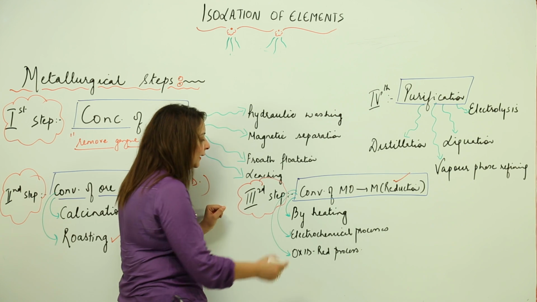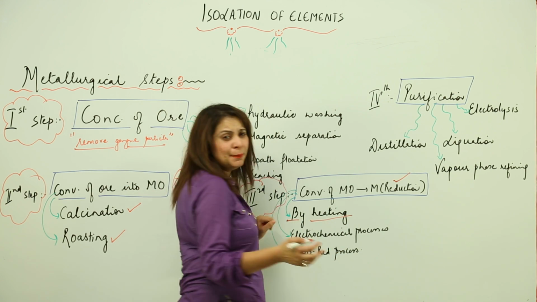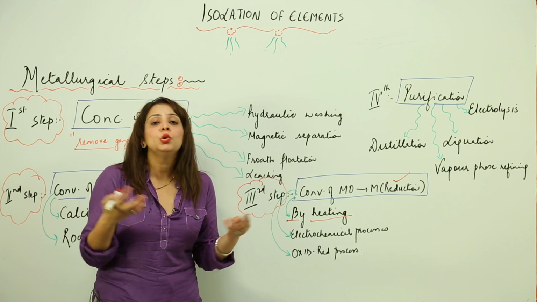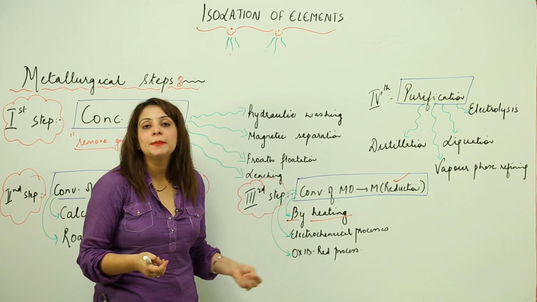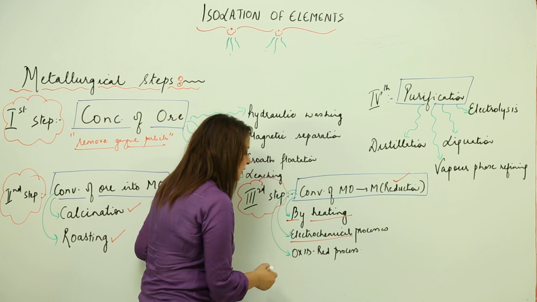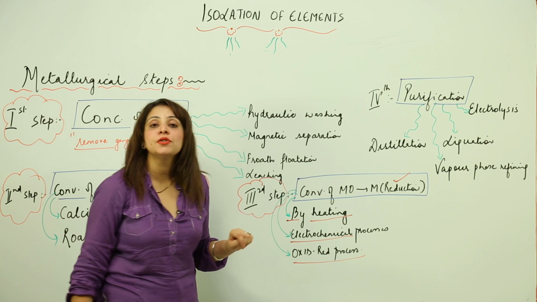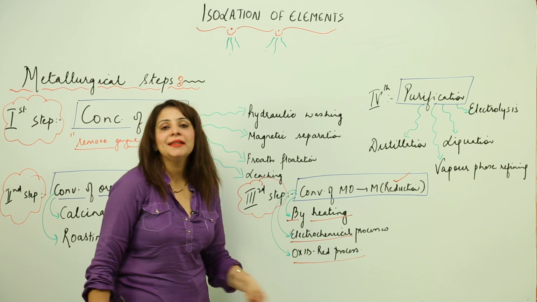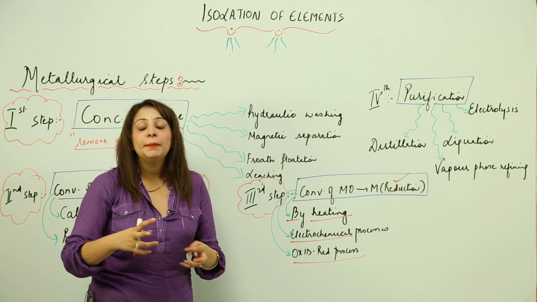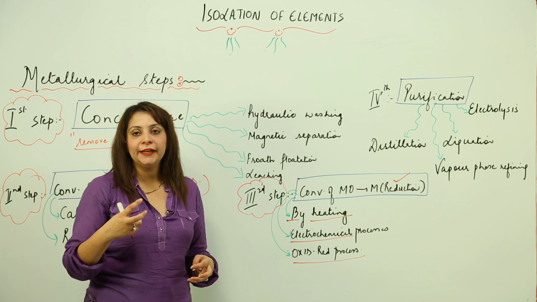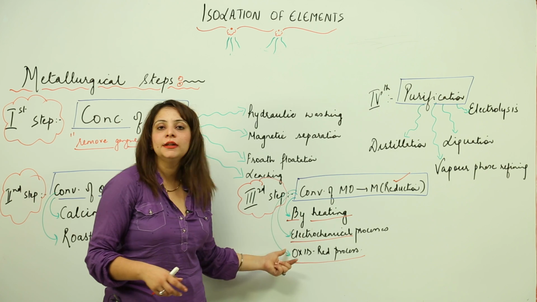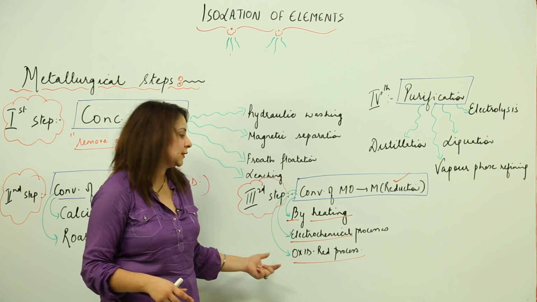We can do it by heating, as many metal oxides are not stable, so just by heating they lose oxygen. Likewise we can do it by certain electrochemical processes, or by oxidation-reduction processes. So there are 3 methods which we can opt for, depending on the properties of the metal, so we select merely on the basis of the properties.